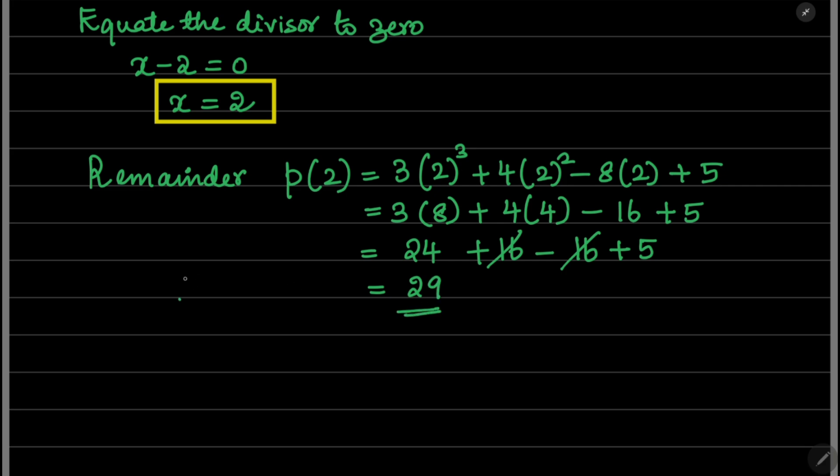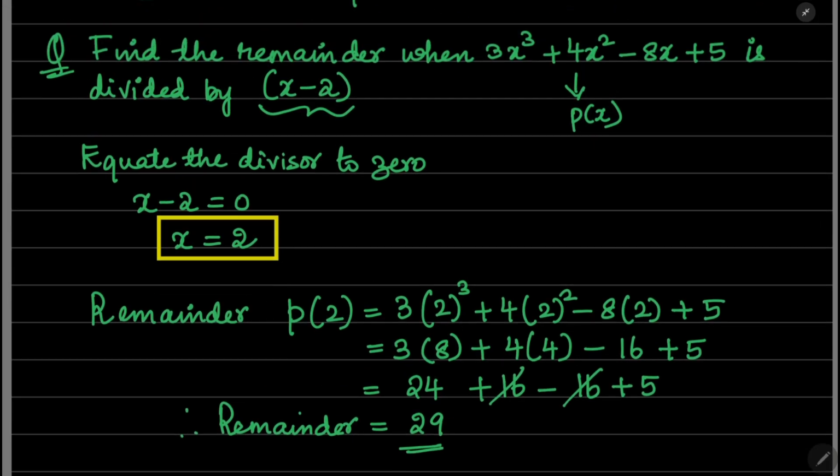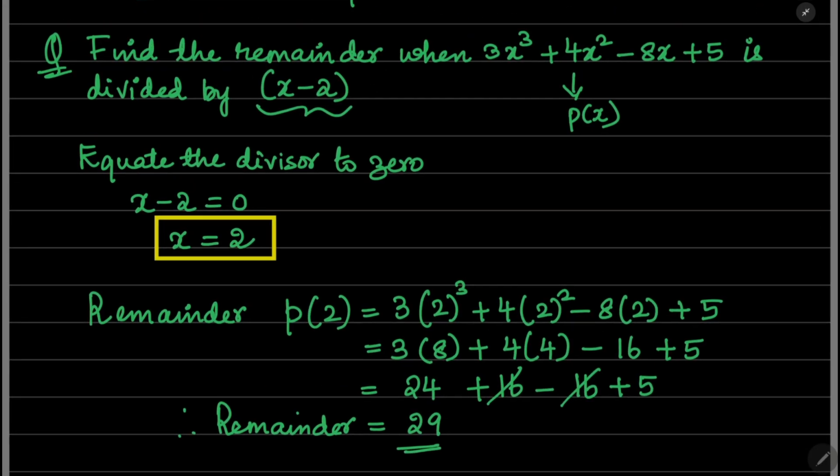So the remainder for this question, what was the question that you were asked? Find the remainder when this polynomial is divided by x minus 2. The answer is 29. If you do long division also, you will get the same answer.